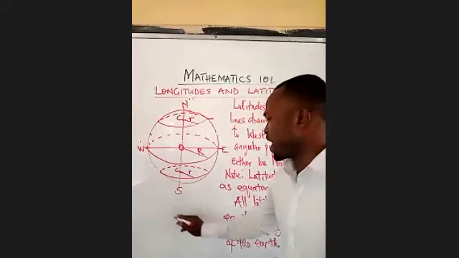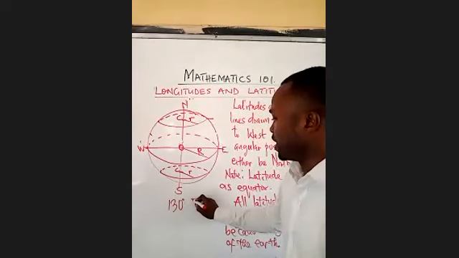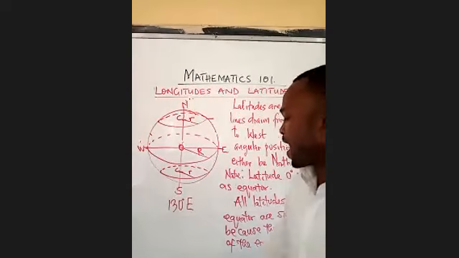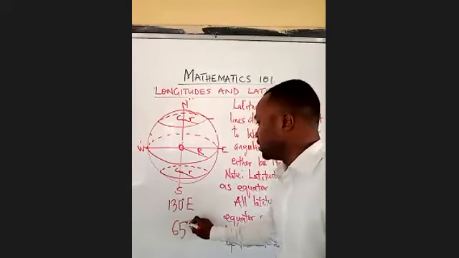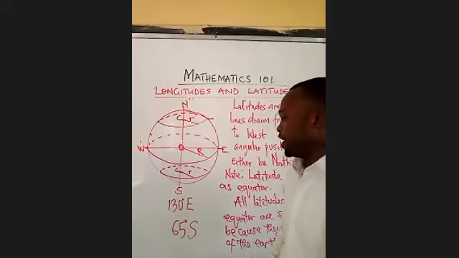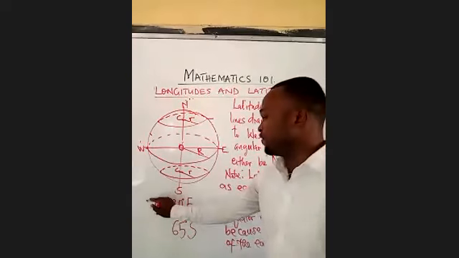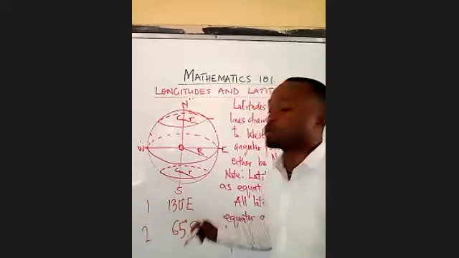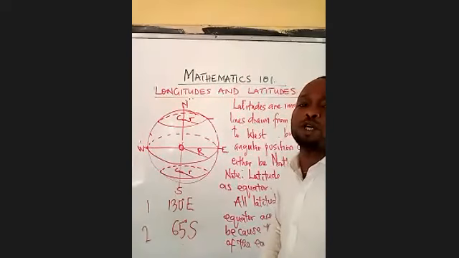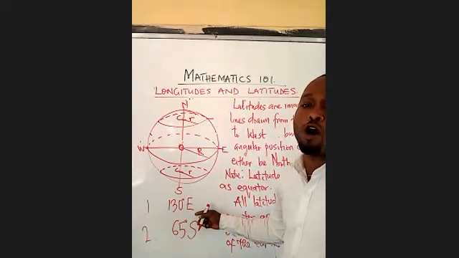When you have 130 degree east, and you have 65 degrees south. Look at these two. Which one is the longitude, and which one is the latitude? Is it the first one or second one? If you know it, just send your answer to me. The first one is what, class? Is it latitude or longitude?